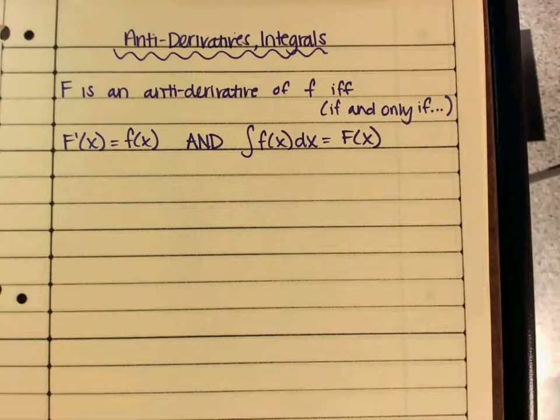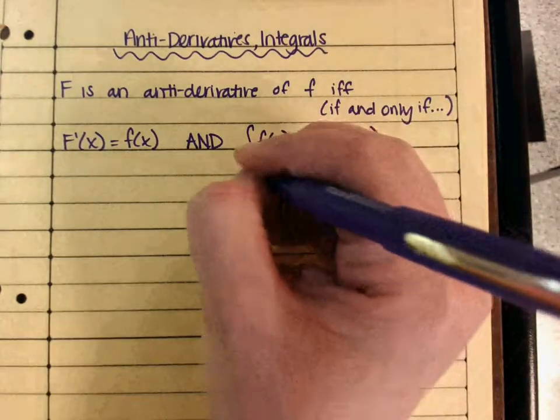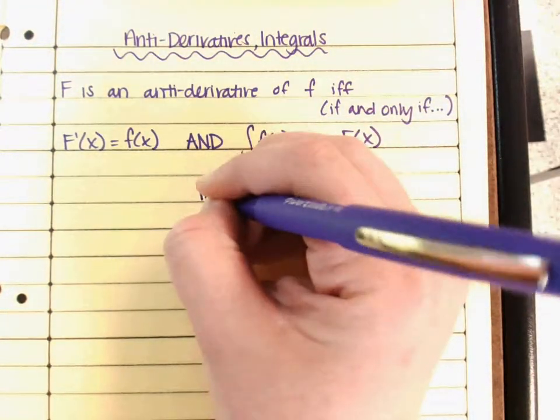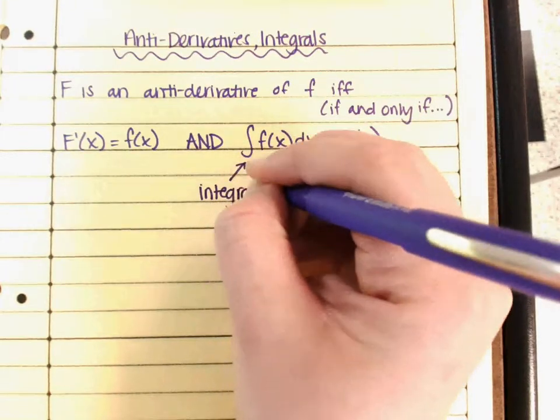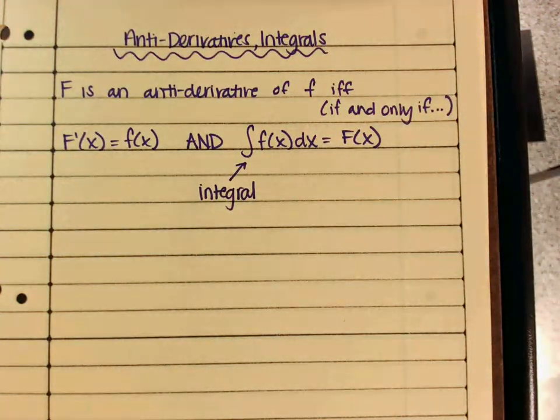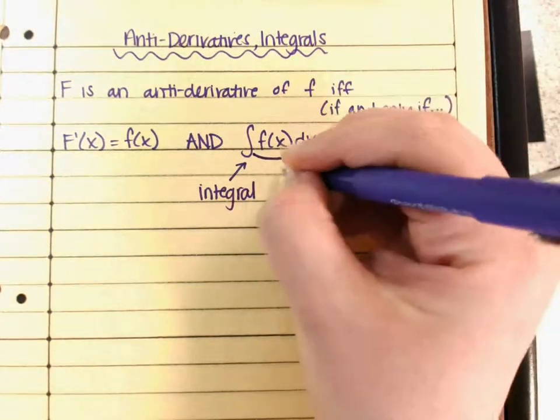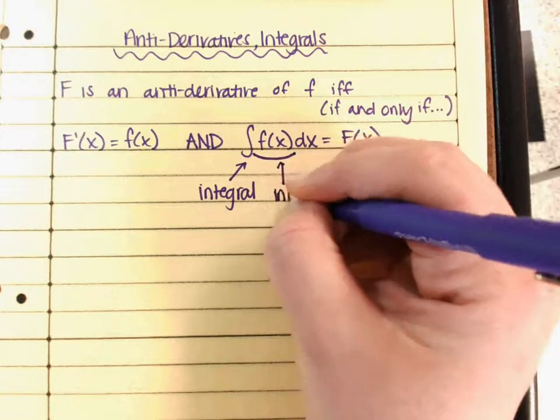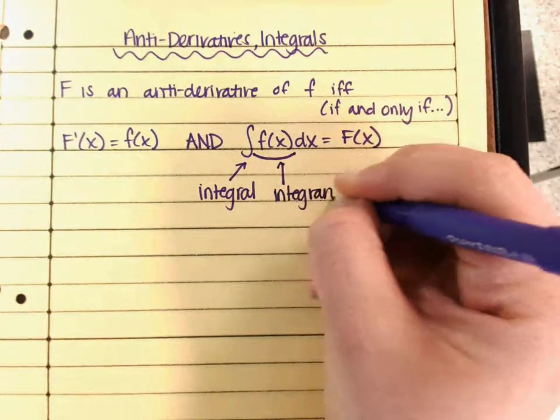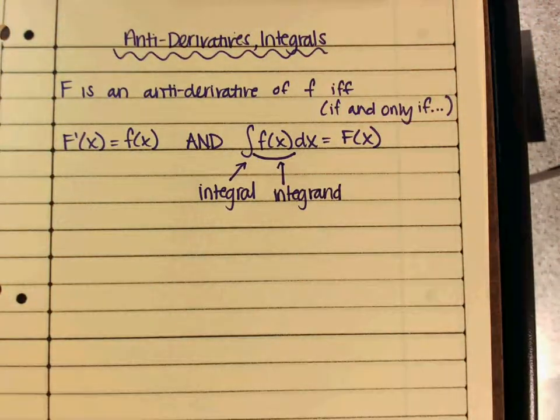Okay, now, the little squiggly s symbol, this is an integral. And it's kind of like the d dx for derivatives, but it's for integrals. Then this in here is called the integrand. And it's whatever the function is that you're taking the integral of.